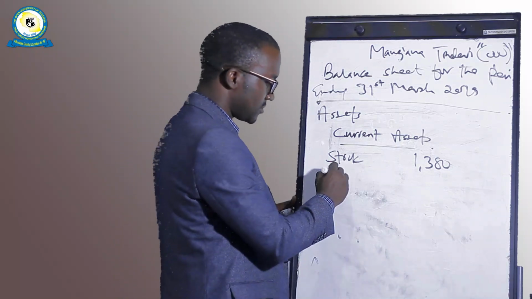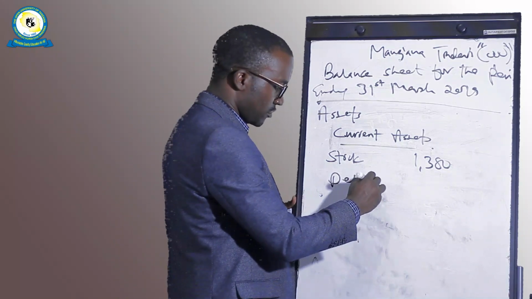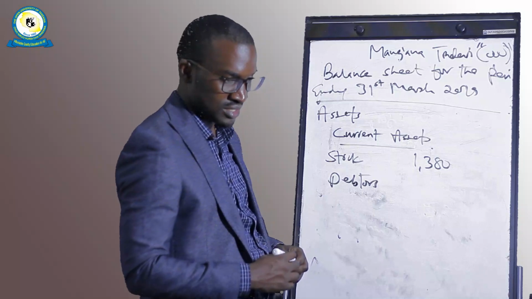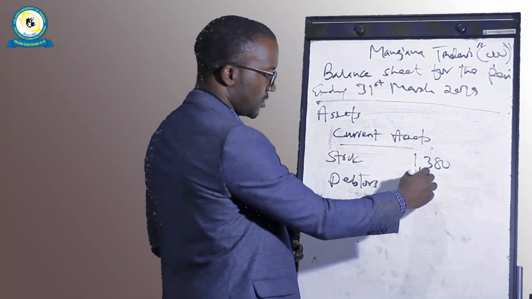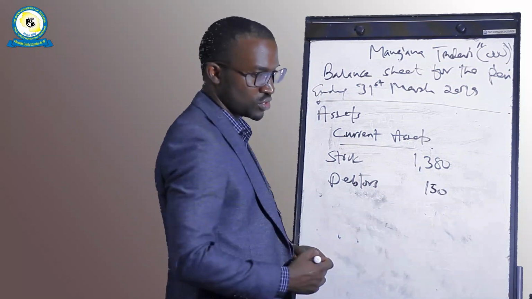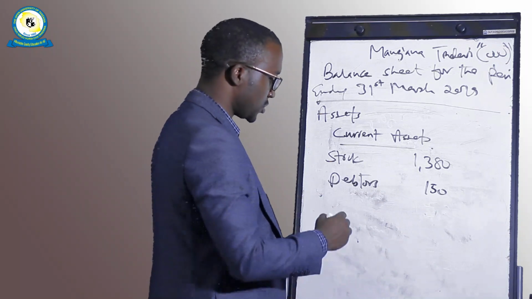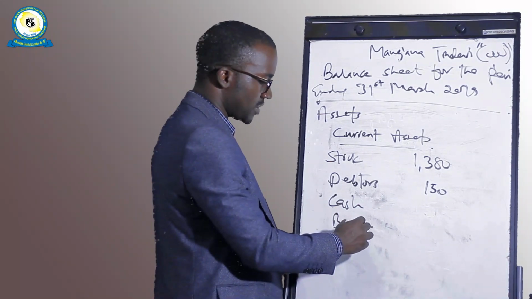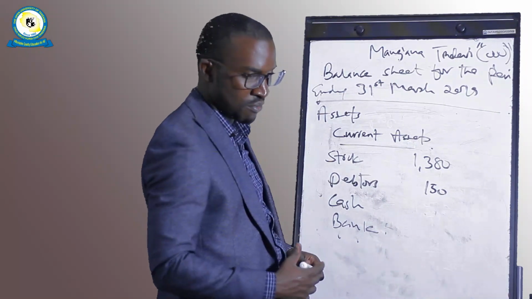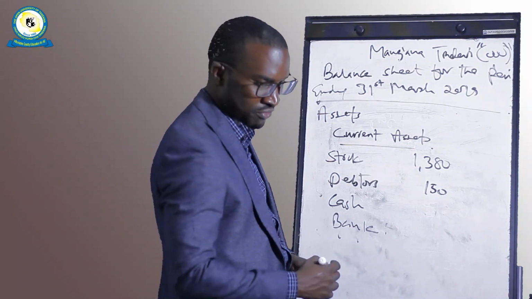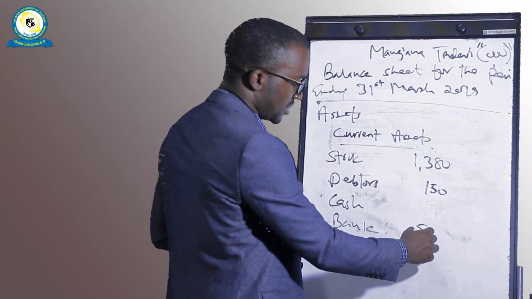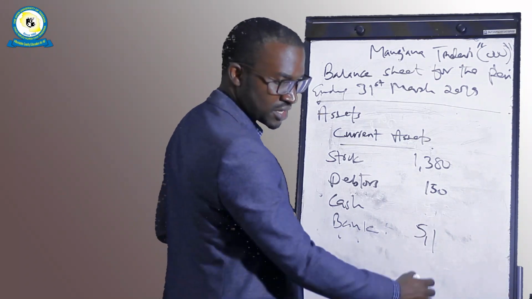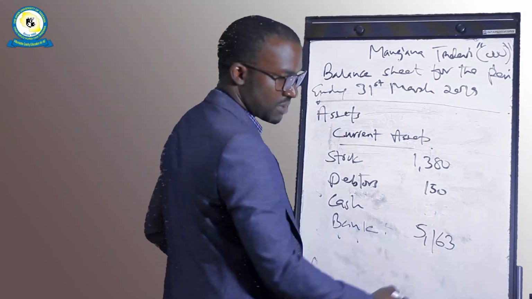Again, from your trial balance, you have your debtors. How much was the debtors? 150. Also, you have money in a bank. How much do you have in the bank? 5,163. But you also have cash.